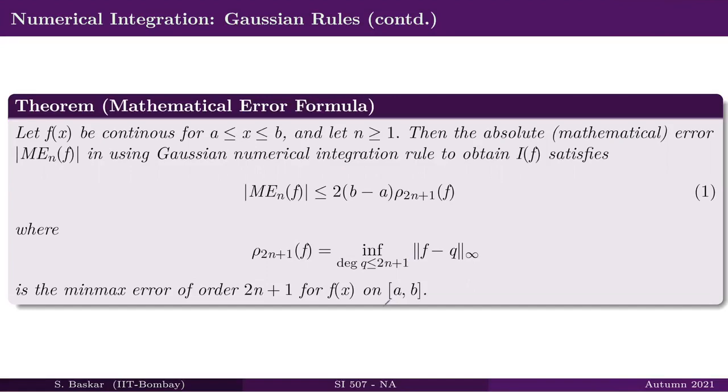Next, let us establish the upper bound for the mathematical error involved in the Gaussian quadrature rule.